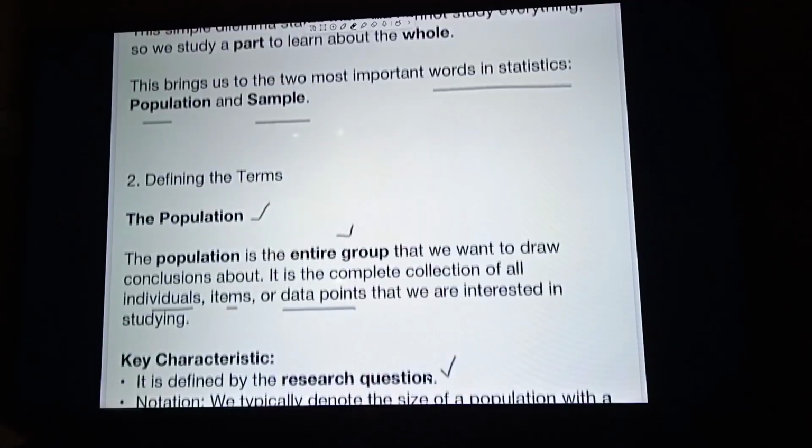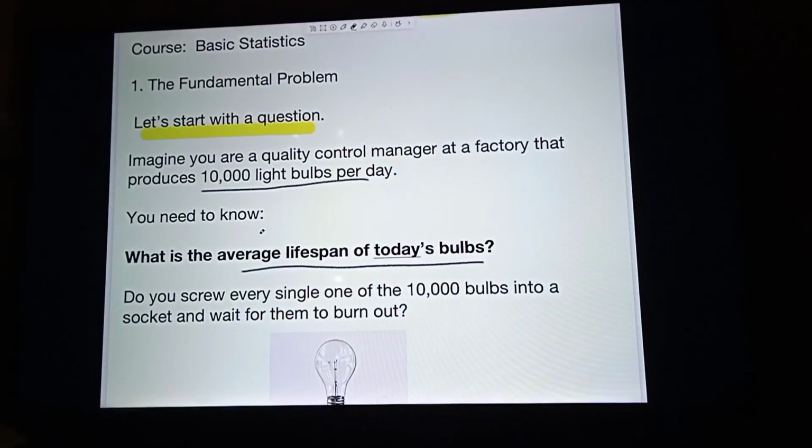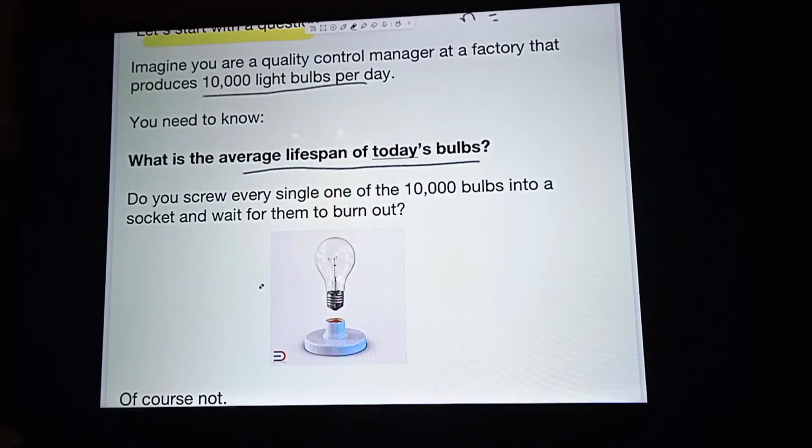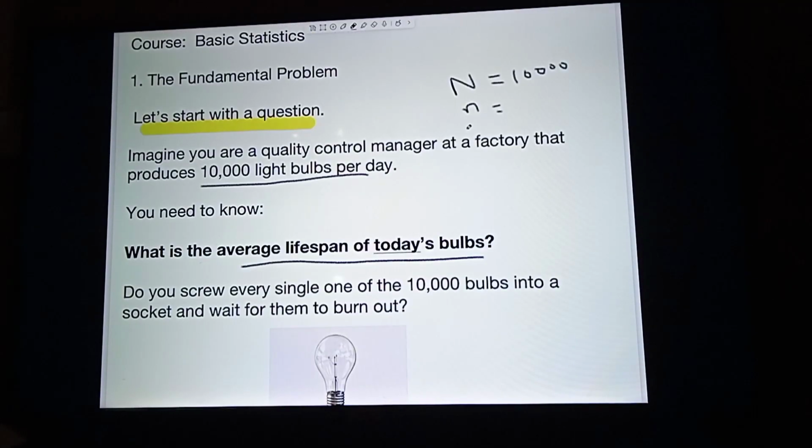So in the above example, here capital N is equal to 10,000 because this is the size of the population, whereas small n is equal to 50 because we are going to take a sample of 50 from this 10,000, because it is difficult to study all 10,000 light bulbs. So small n is equal to 50.